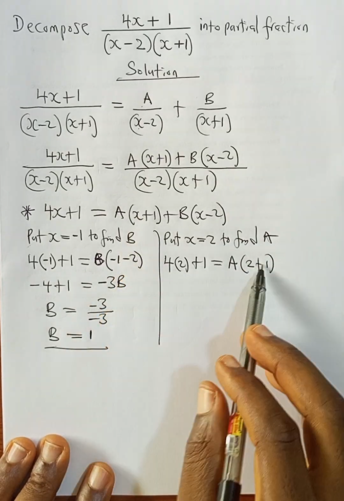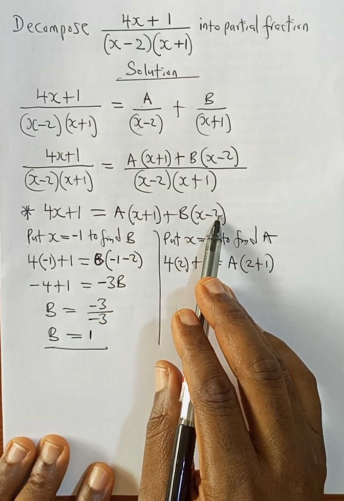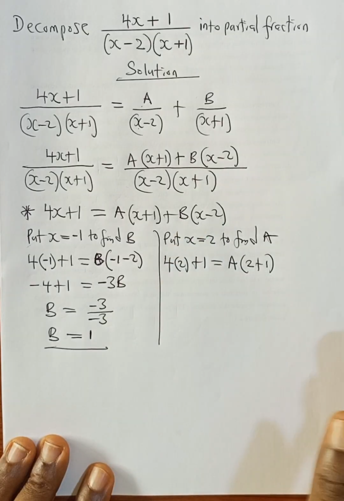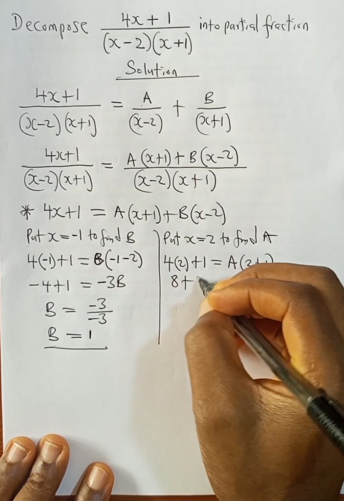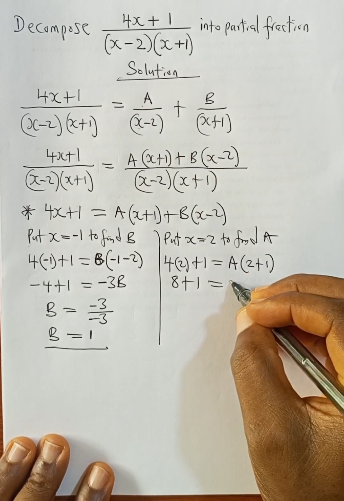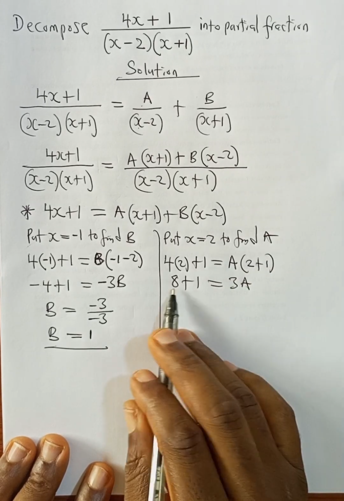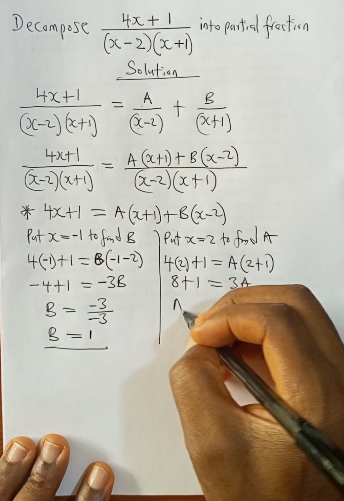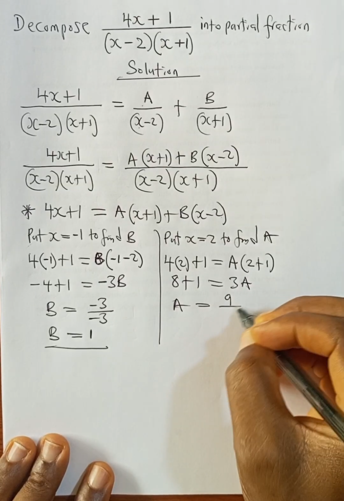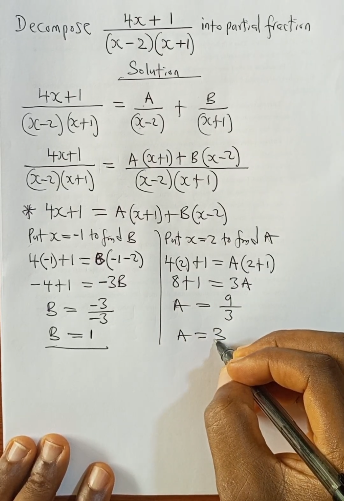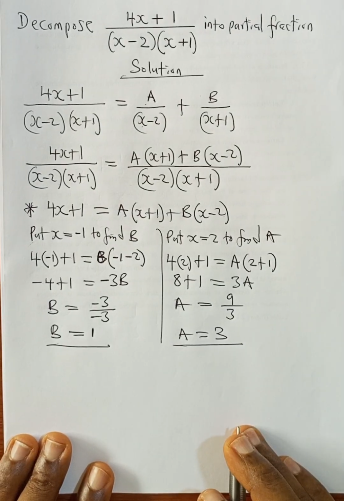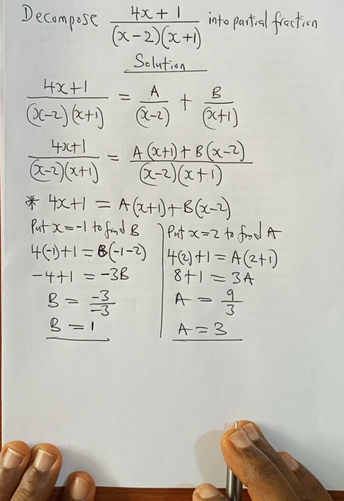Anywhere you see S, you put 2. If you put 2 here, 2 minus 2 is 0, and 0 times B is 0. So that one is out. This time, 8 plus 1 is equal to 3A. Of course, this plus this is 9. So we have that A is equal to 9 over 3, and A is equal to 3. Is that clear?